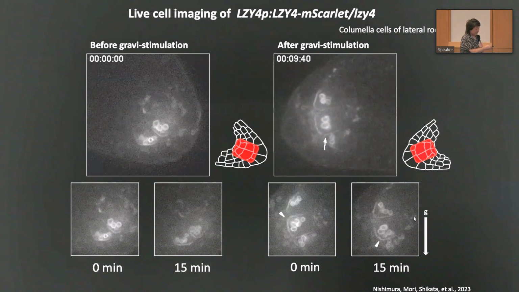At a similar timing, the LZY4-mScarlet signal began to appear on the plasma membrane of the new bottom side of the cell, and the signal gradually became stronger. We also found that the fluorescent signal on the plasma membrane of the previous gravity side quickly disappeared when the amyloplasts left there. And similar results have been reported by Hughes' group.